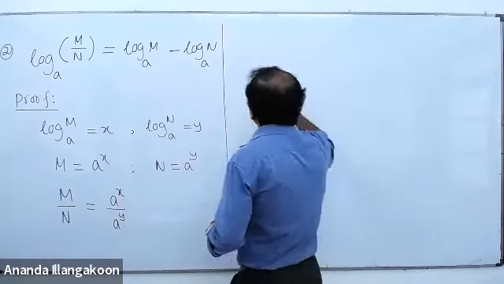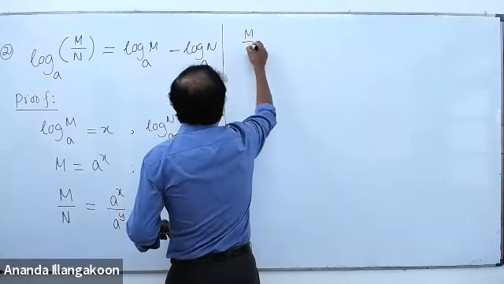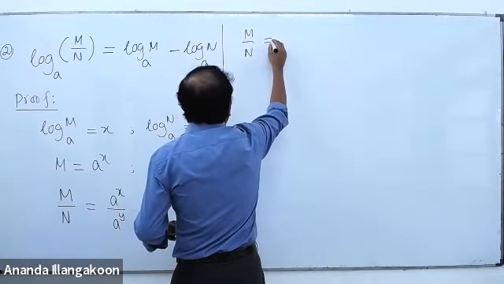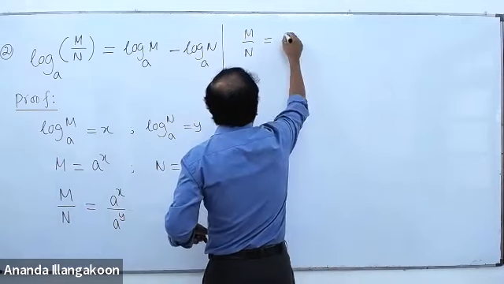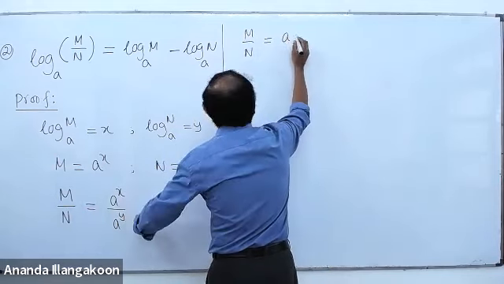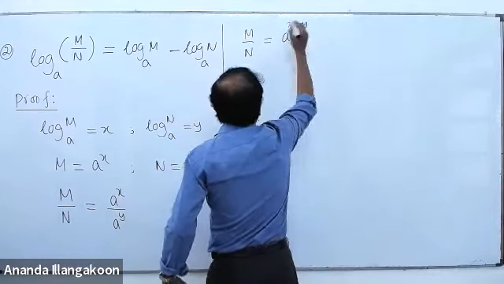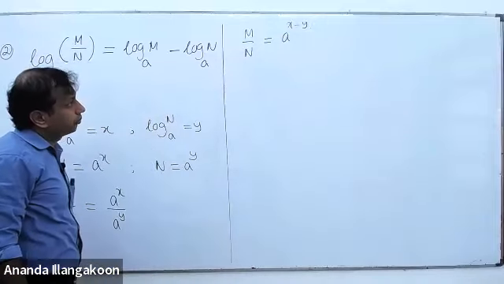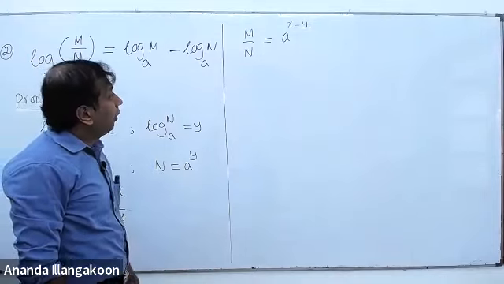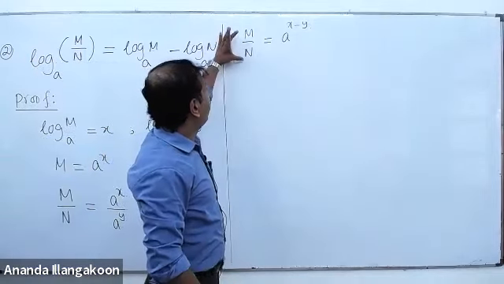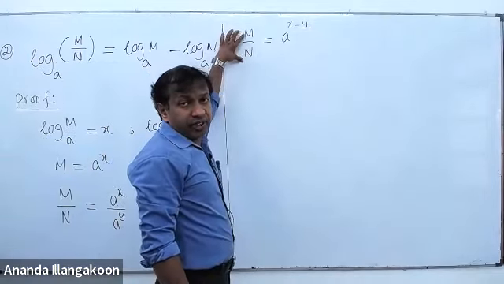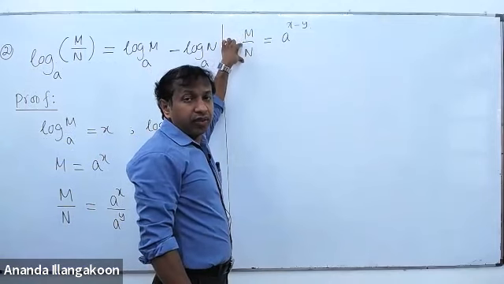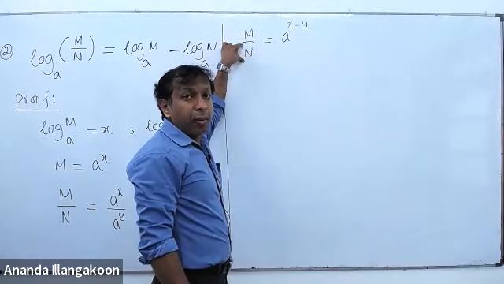Then I can write this left hand side m upon n. Now, people, applying that index law, a to the power x minus y. This way we can write it. Now, when you consider very carefully the left hand side, m divided by n will give us finally one number.